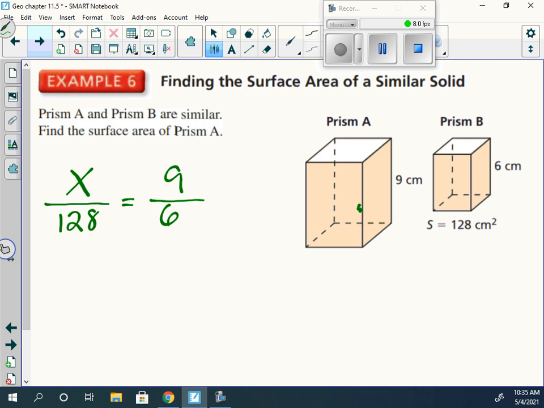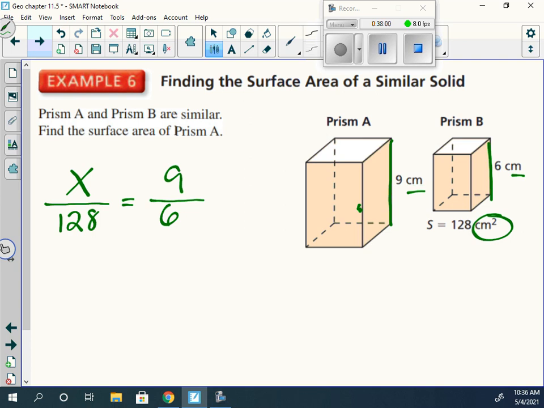So for surface area, we're dealing in what? Units squared, yes? The surface area is in units squared. Are our 9 and 6 in units squared? Because we're talking about the length of 9 what? Centimeters, yes? This length is 6 centimeters. Surface area is in centimeters squared. So are the units really the same?